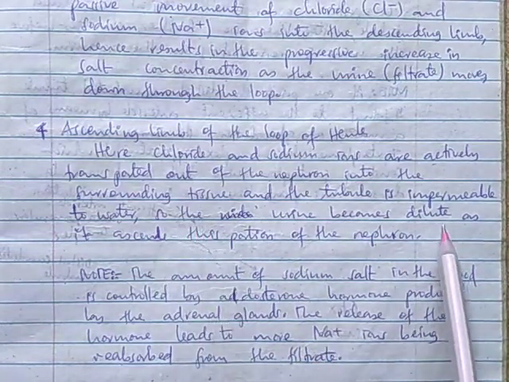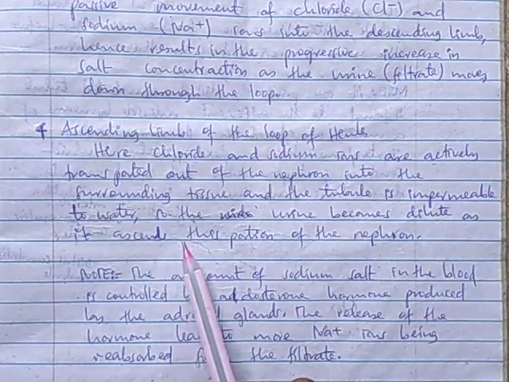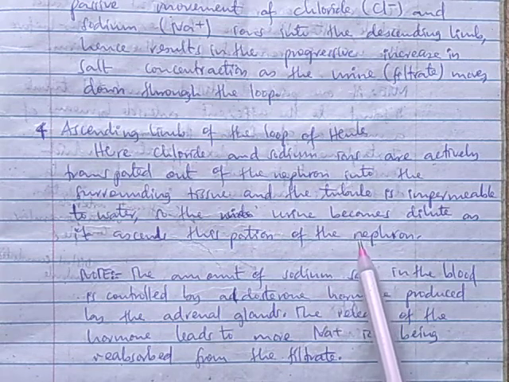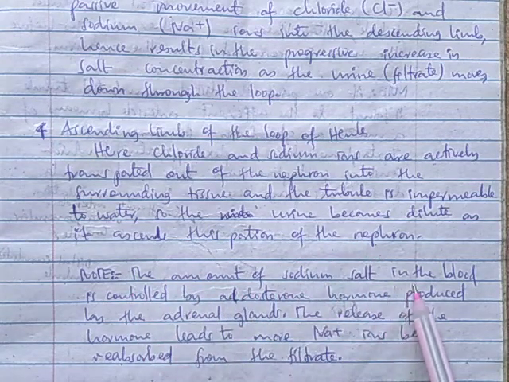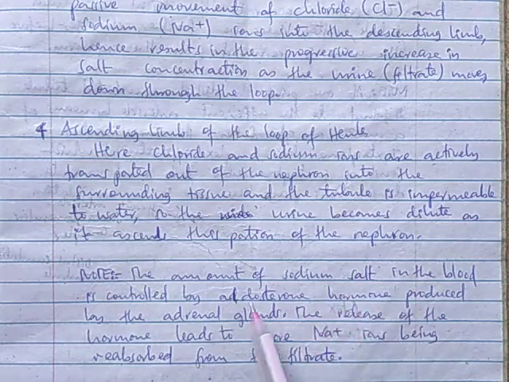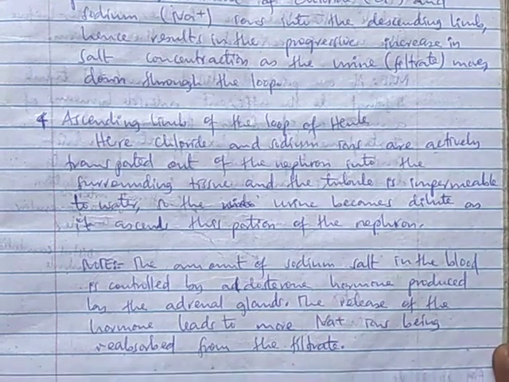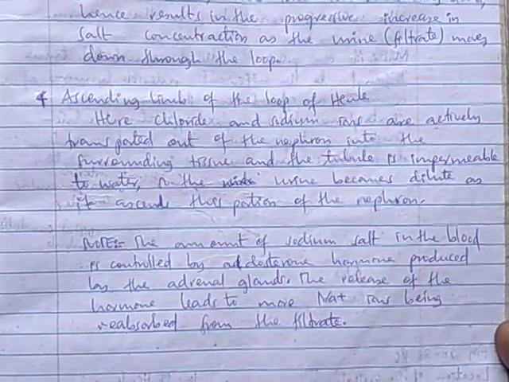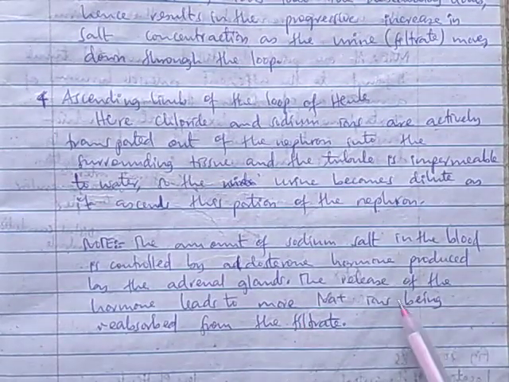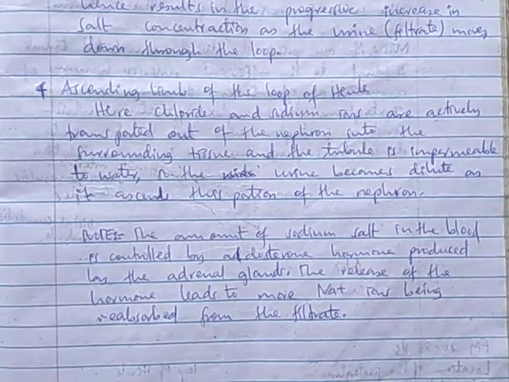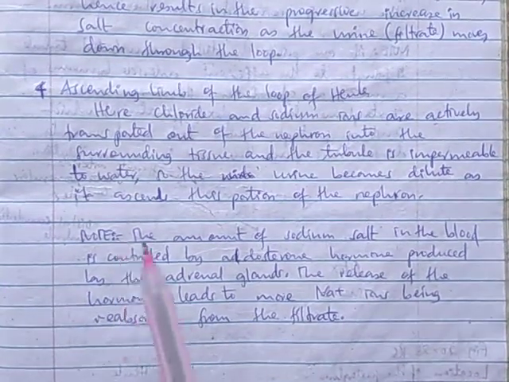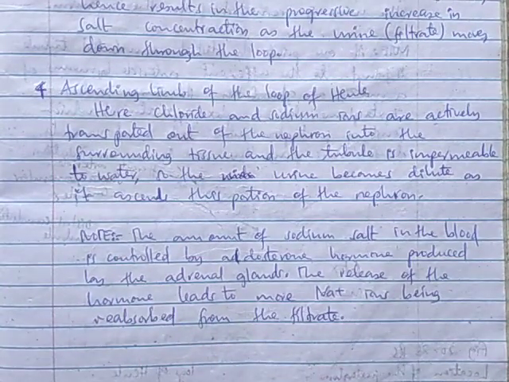So the urine becomes dilute as it ascends this portion of the nephron. Note, the amount of sodium salt in the blood is controlled by aldosterone, a hormone produced by adrenal glands. So the release of hormone leads to more sodium ions being reabsorbed from filtrate in this part of ascending limb of loop of Henle.